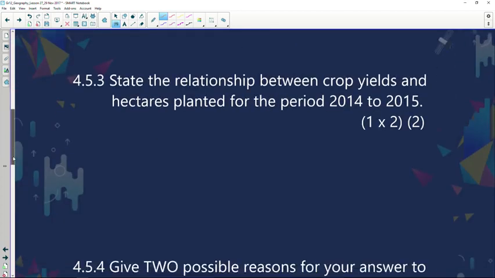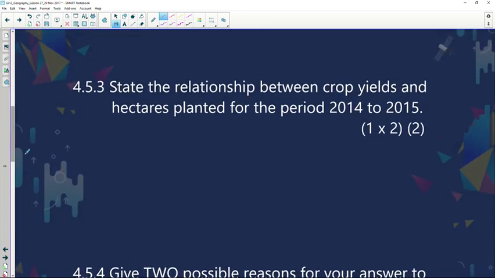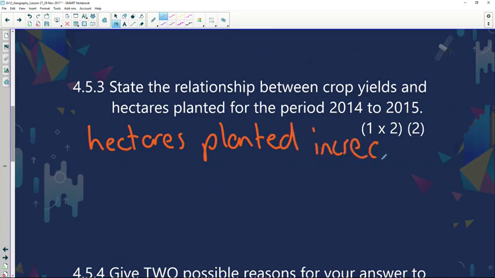Now if you look at our next question, state the relationship between crop yields and hectares planted for the period 2014 to 2015. Now we just looked at it. All of a sudden, in 2015, there was more land being used, but less was yielded than in 2014. So we can say the hectares planted increased, but the crop yield decreased.